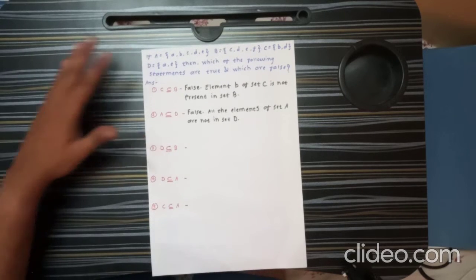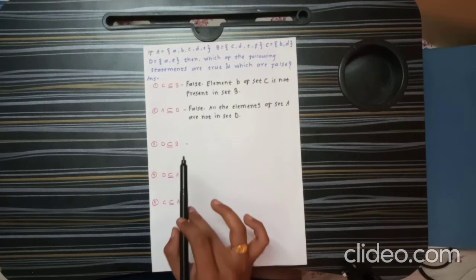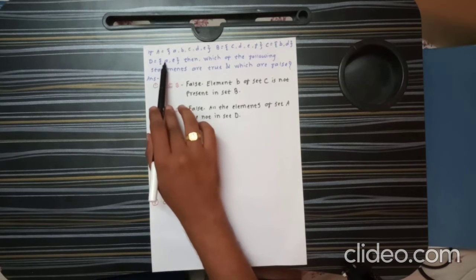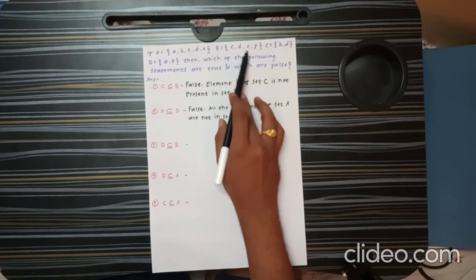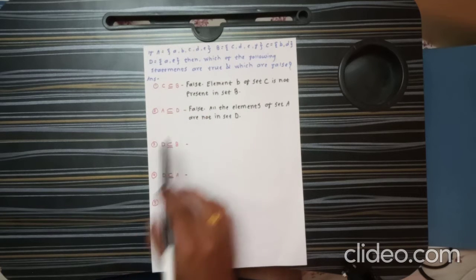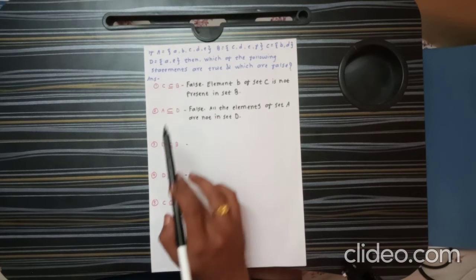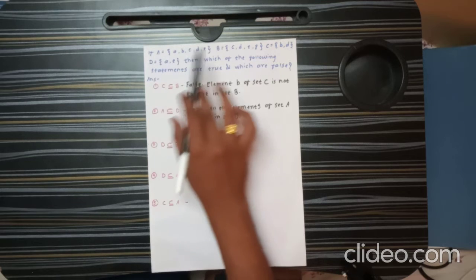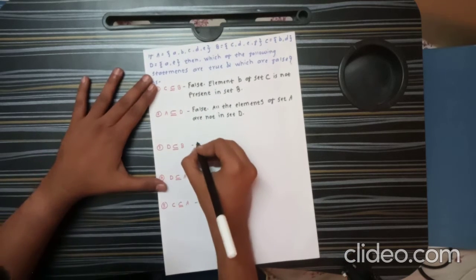This is the reason. The third statement they have given is D is a subset of B. D, which is having a and e, is a subset of B. We cannot say that. See, because a is not present in this set B, similar to the first one, this particular element of set D doesn't belong to set B, hence D is not a subset of B. So this statement is also false.